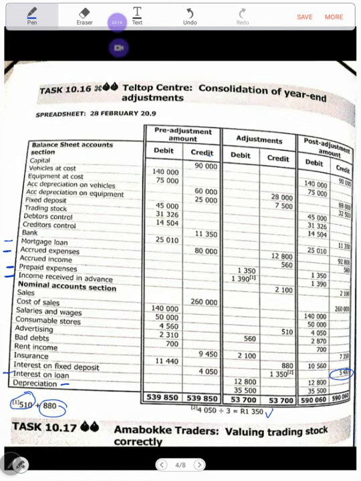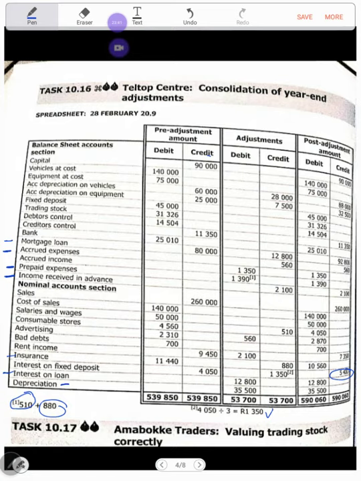I will then go and account for it in the nominal account section. Insurance was worth 11,440, and I'm subtracting the 880 because it's not my financial year. How much am I supposed to be paying for insurance? 10,560. I hope that makes sense.